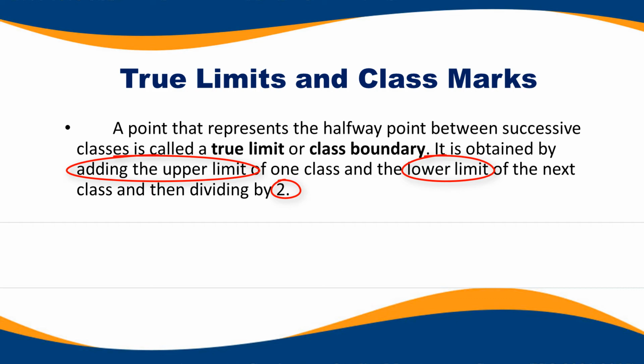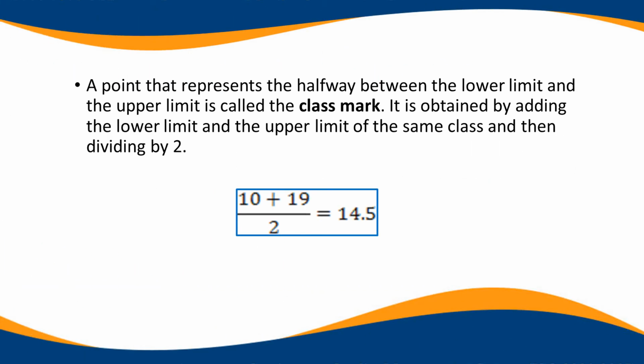The class mark is the midpoint of that class interval. Say for example, 10 to 19: 10 plus 19 is 29, divided by 2 is equal to 14.5. That is the class mark, the midpoint of that class interval.